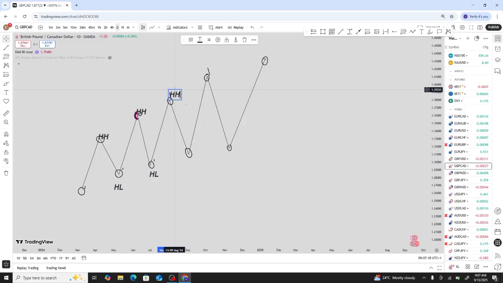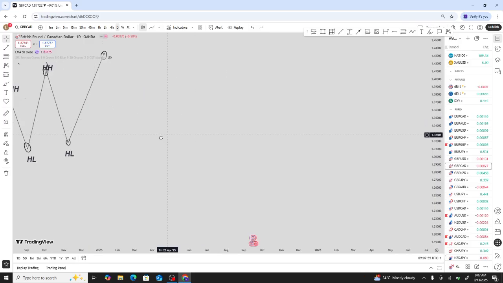Higher high, higher low, higher high, and higher low. So this is a layman's understanding of market structure, of an uptrend. This is the simplest form to understand an uptrend.